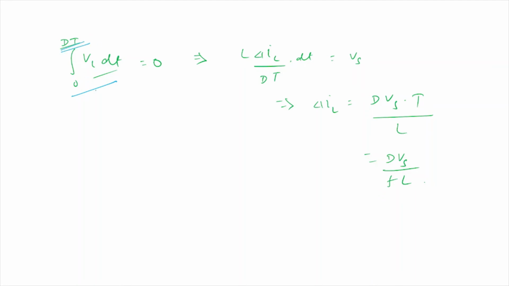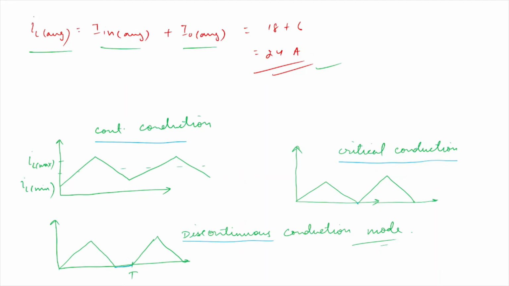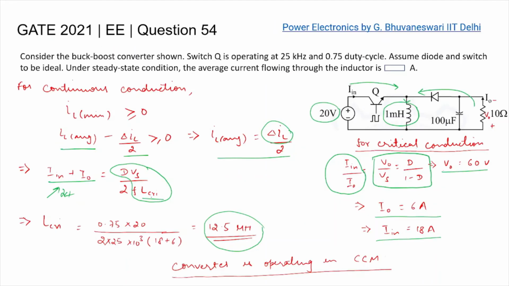From this expression, you can calculate del IL is equal to dVs by FL. If you calculate del IL is equal to dVs by FL, everything is done here. So from here, you can calculate L critical, and that will come out to be 12.5 microhenry, which is well below the given inductance value of 1 millihenry.